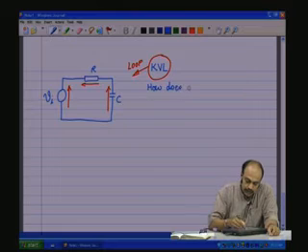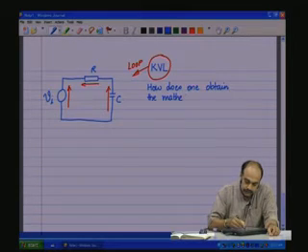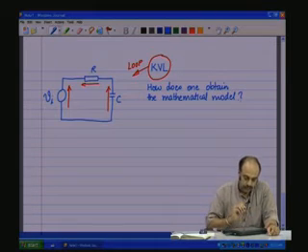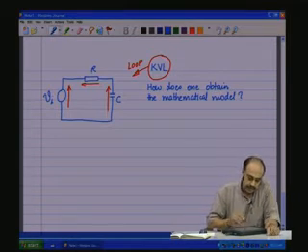How does one obtain the mathematical model of the circuit? So let us go step by step.